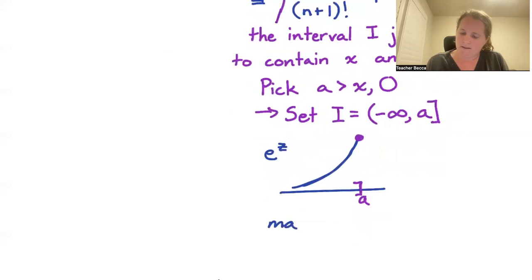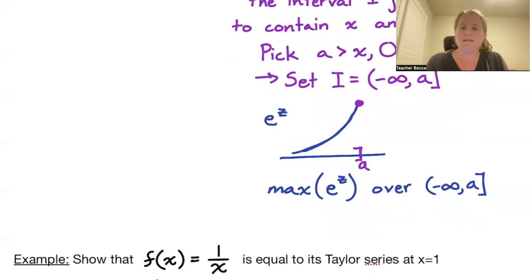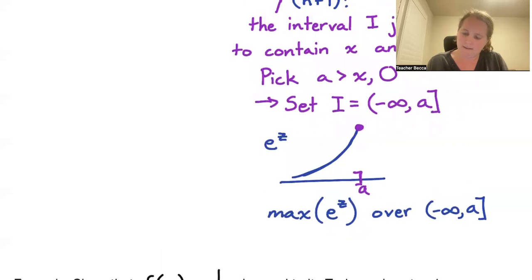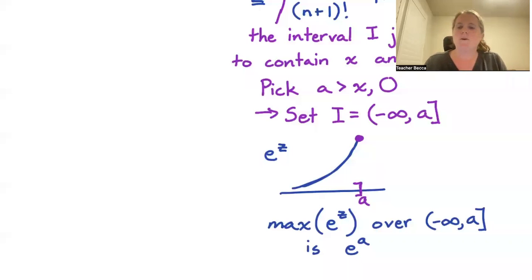So the max of e to the z over the interval negative infinity to a is simply e to the a. Okay, so we have that max over our interval is e to the a, which we can just set equal to m.